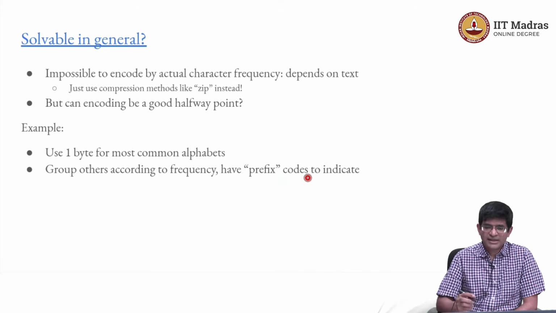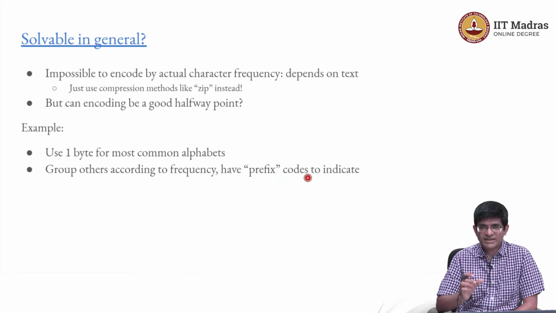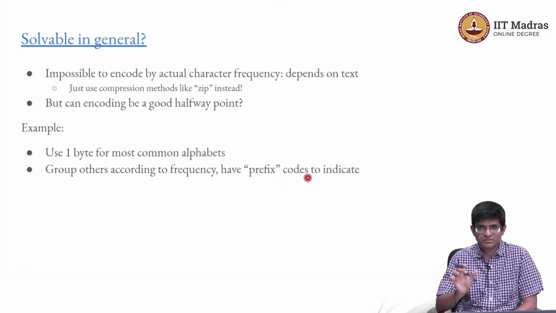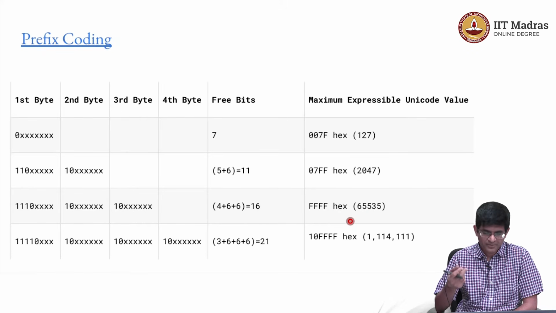What it tells us is that as long as there is some way to distinguish whether a given byte or piece of information is actually supposed to represent some value or is just a prefix telling me to look at the next value before I decide what this means, right? It means that I can now have a so-called variable length encoding. Some alphabets would be encoded with 1 byte, others with 2, others with 3, and still others with 4, okay?